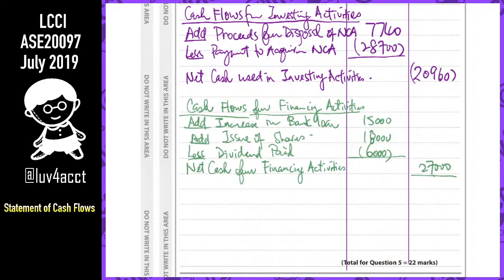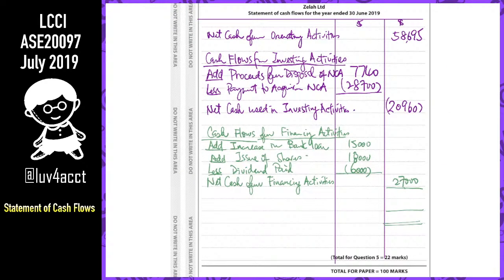Okay, now we see if we can balance the figures. 58695, 20960, 27,000. That is 64735. Okay, I think it is very similar to what we have calculated. Net increase in cash and cash equivalent.